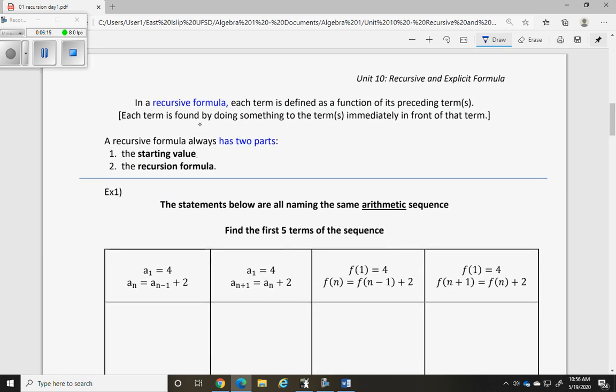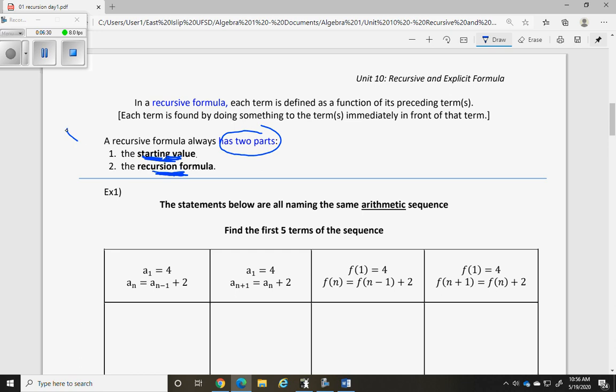So in a recursive formula, each term is defined as a function of its preceding term. So what that means is that I need some kind of starting value, and then I need something to follow. So there's always two parts. This is something that you have to refer back to always. A recursive formula has two parts: a place you start, and then a formula that tells you what to do.